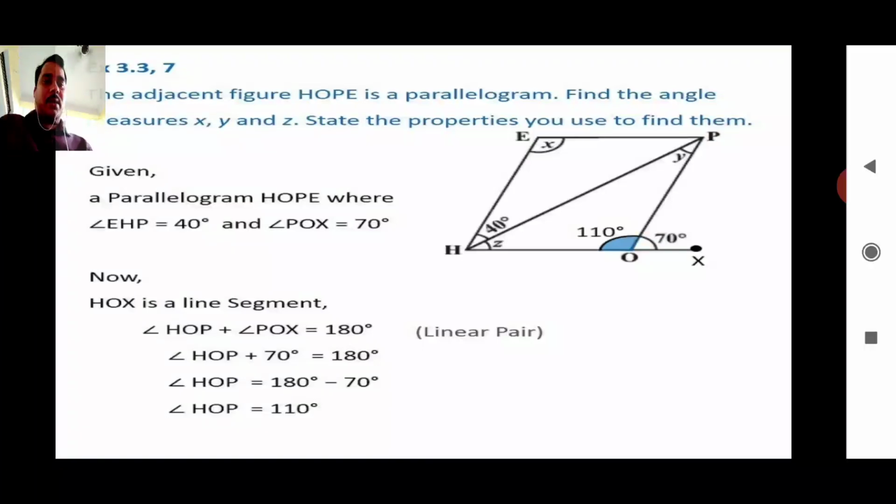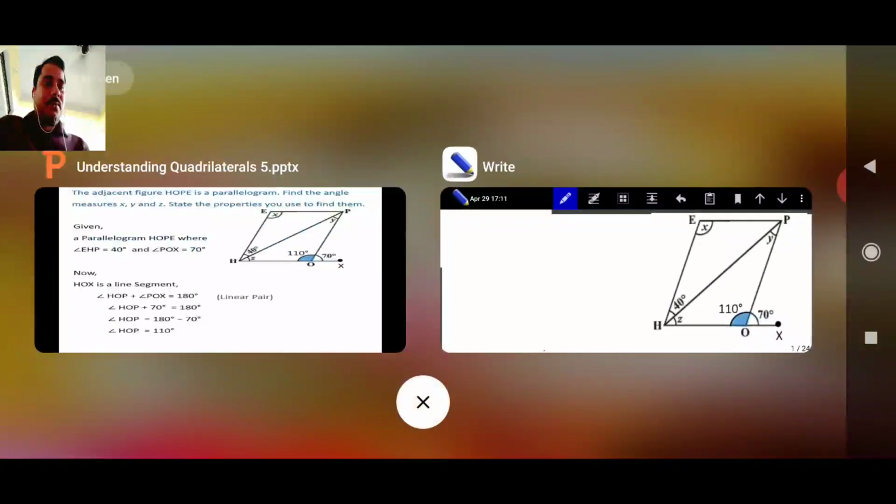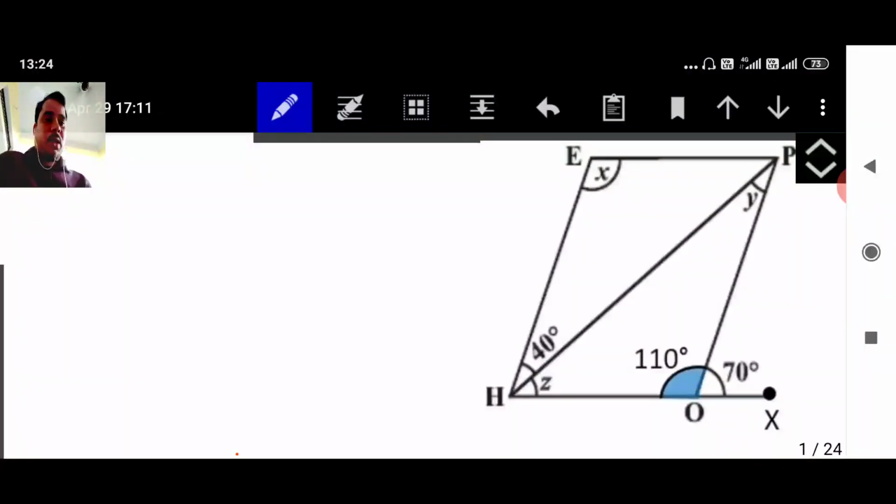Here it is given that HOPE is a parallelogram, angle EHP equals 40 degrees and angle POX equals 70 degrees. We want to find angles x, y and z. Let's see the given image.